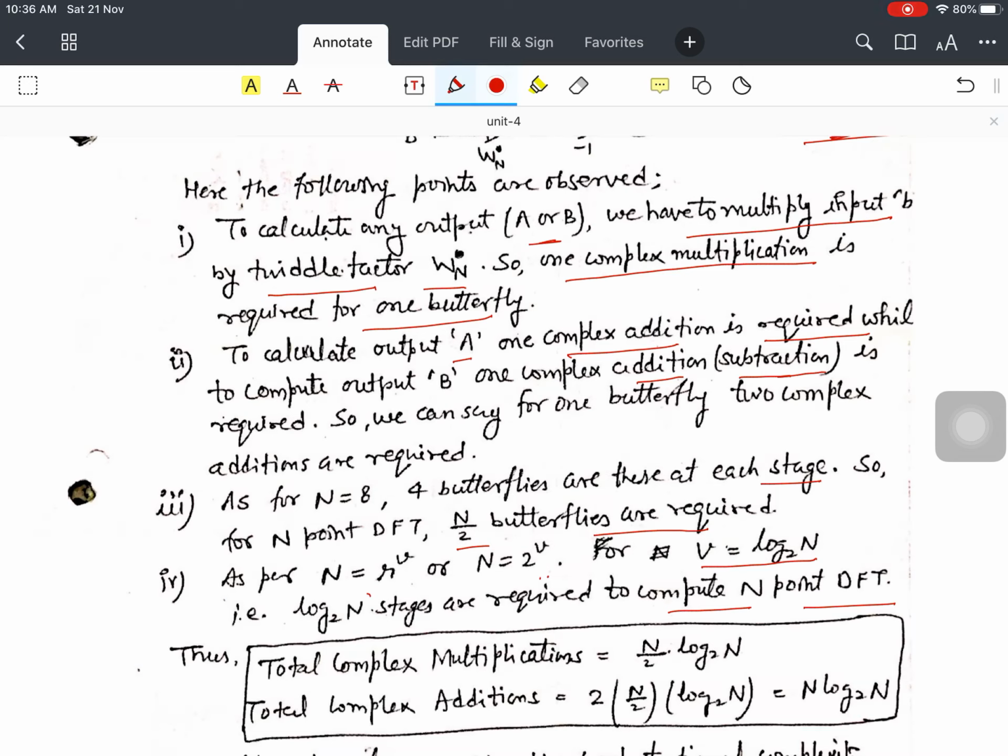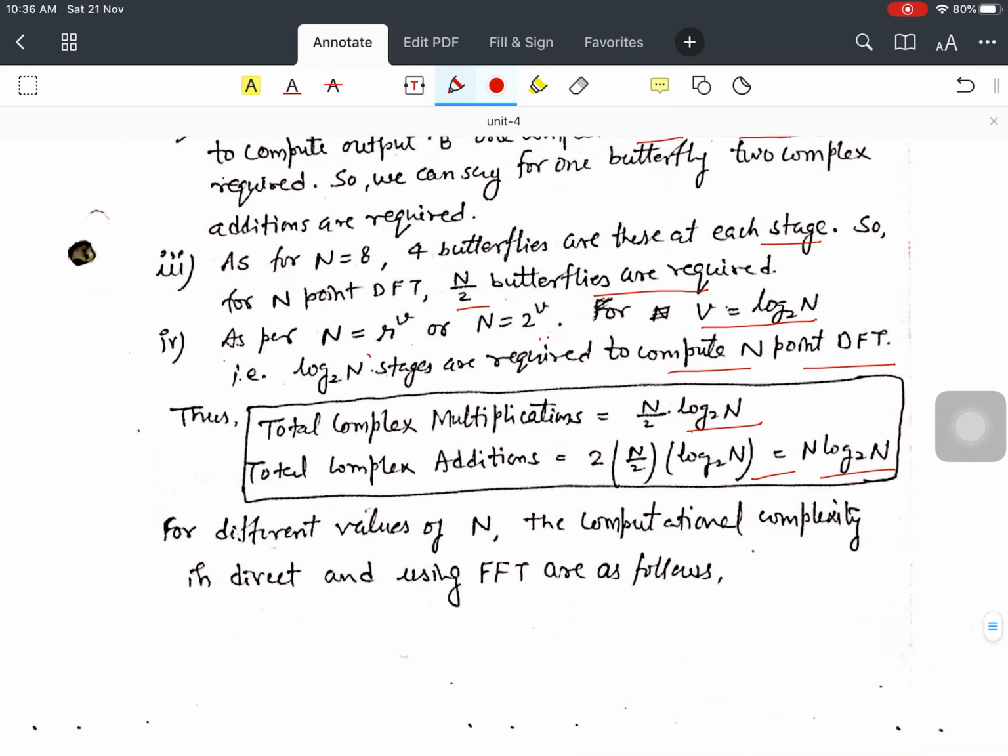Clear? So the total complex multiplication will be nothing else but N by 2 log2 N, and the total complex addition is 2 times N by 2 log2 N. So that is N log N.